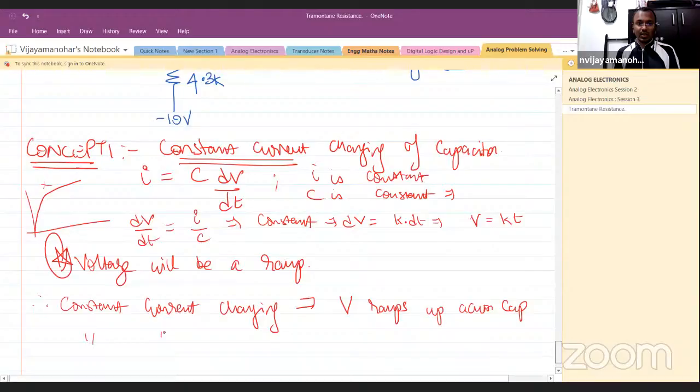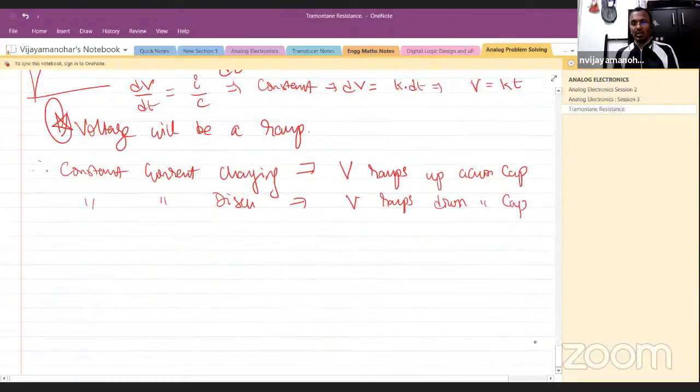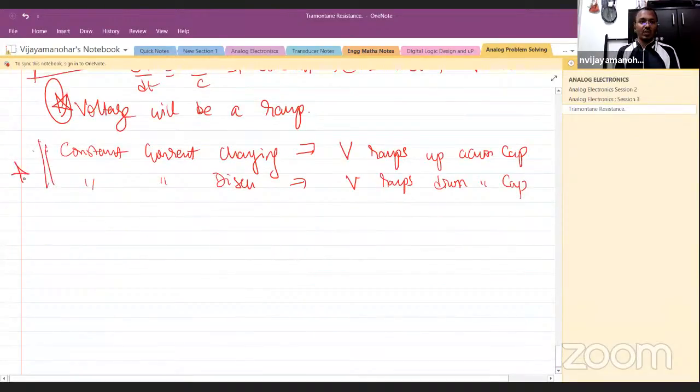If I do the other way around, constant current discharging, V ramps down across the capacitor. This is a very, very important concept.